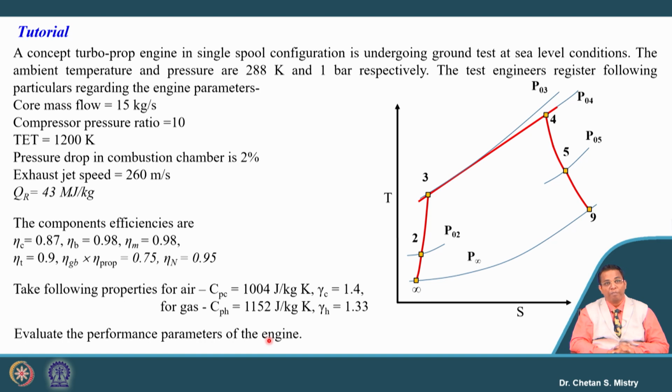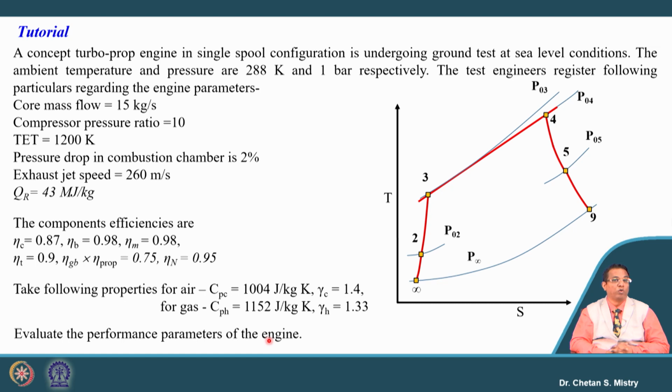Different component efficiencies are given: adiabatic efficiency of the compressor is 87%, combustion chamber efficiency is 98%, mechanical efficiency is 98%, turbine efficiency is 90%, combined gearbox and propeller efficiency is 75%, and nozzle efficiency is 95%.